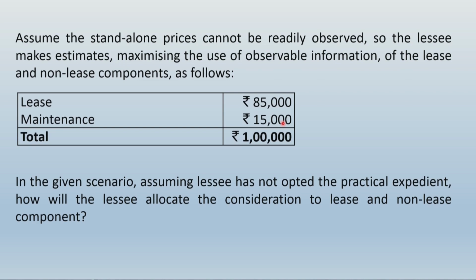In other words, 90,000 of total consideration will be divided between lease of equipment and maintenance, that is lease and non-lease component, in the ratio of 85 and 15. That means 85% of 90,000 will be considered as lease component, and 15% of that total 90,000 will be considered as towards maintenance or non-lease component. So let us see how to present the answer.